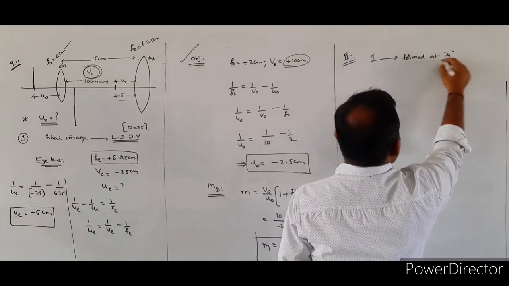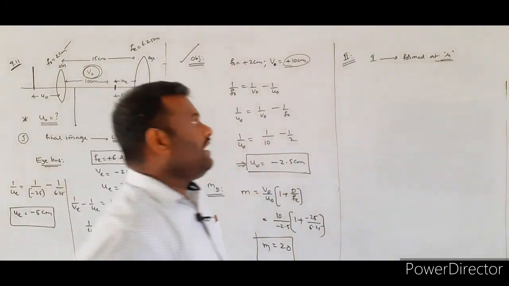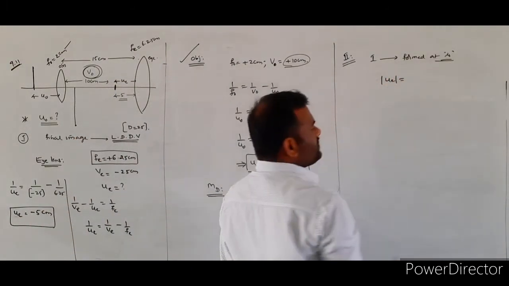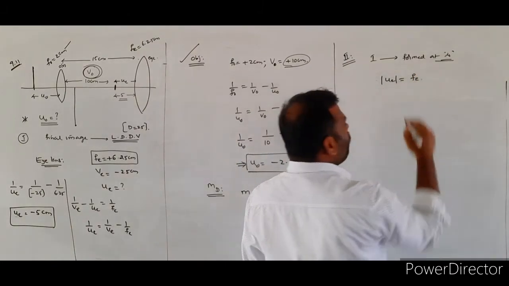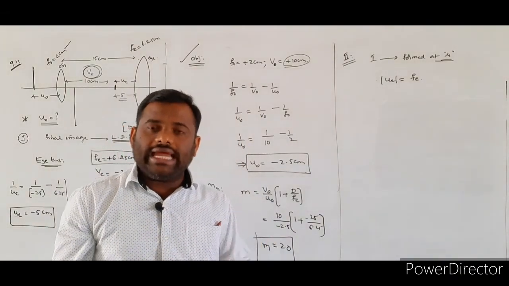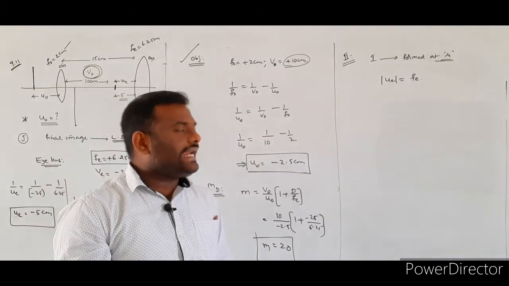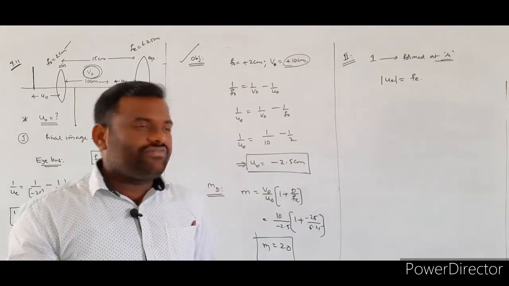So when the final image will be formed at infinite distance, the magnitude of the object distance is equal to the focal length of the eye lens. That means whenever the object is placed at the principal focus of the eye lens, the final image will be formed at infinite distance.